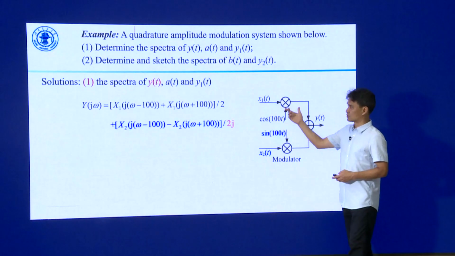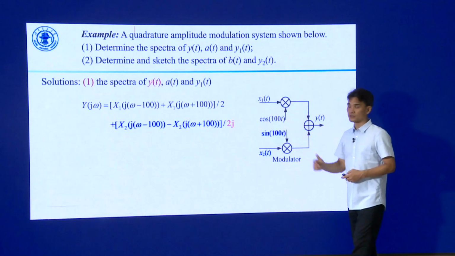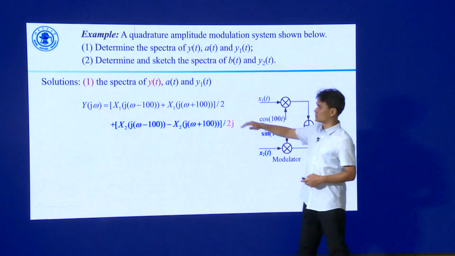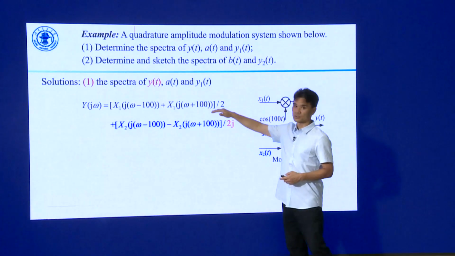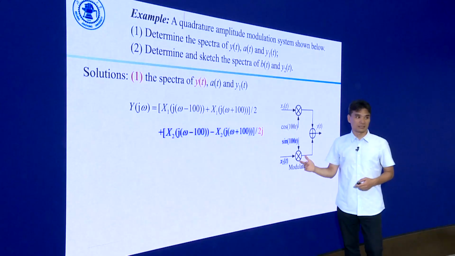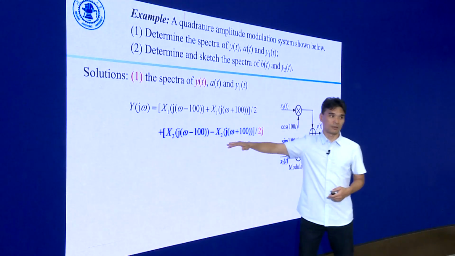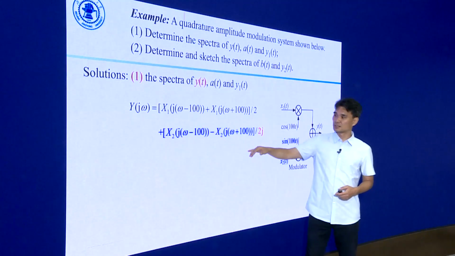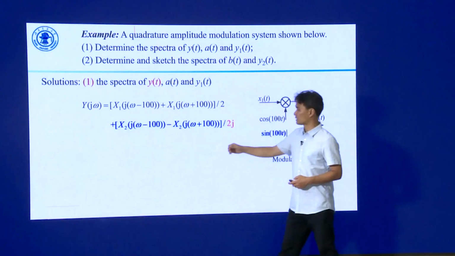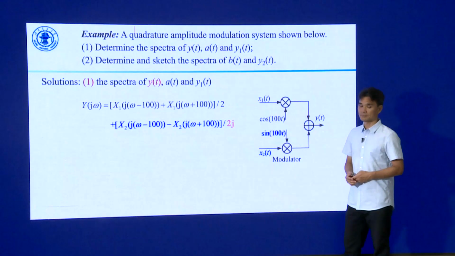So the first branch, based on the modulation theory, will yield a spectrum like this, and the lower branch is multiplied by a sine signal. So this spectrum is similar, but there's a slight difference: a negative sign and division by 2 times the imaginary unit.